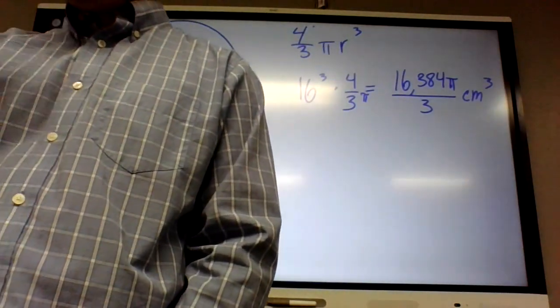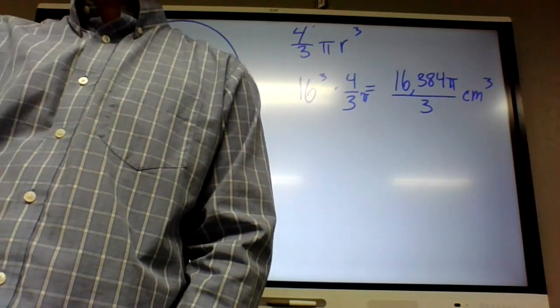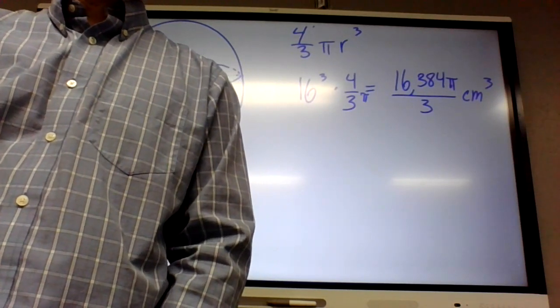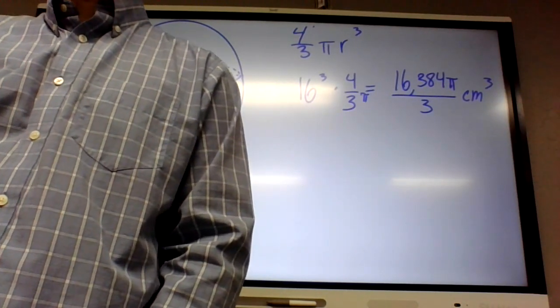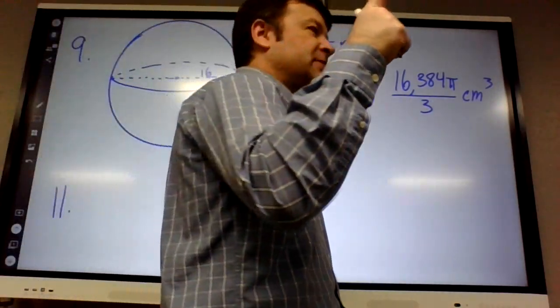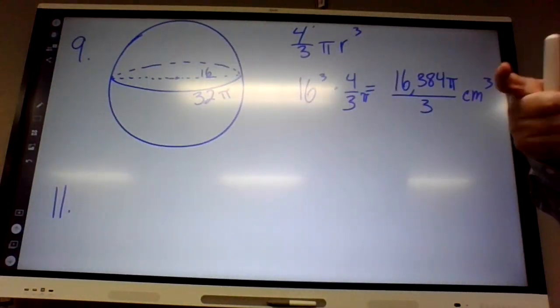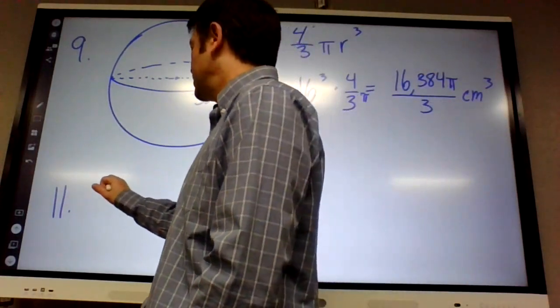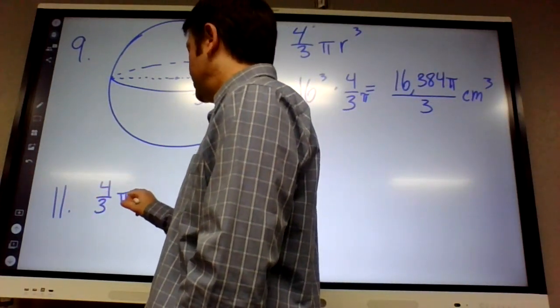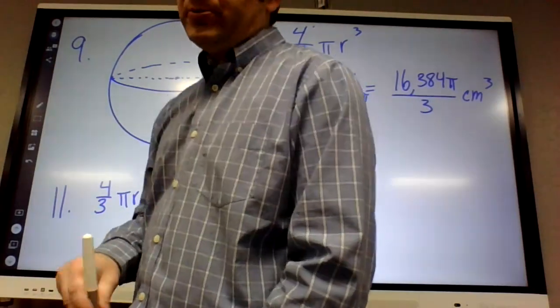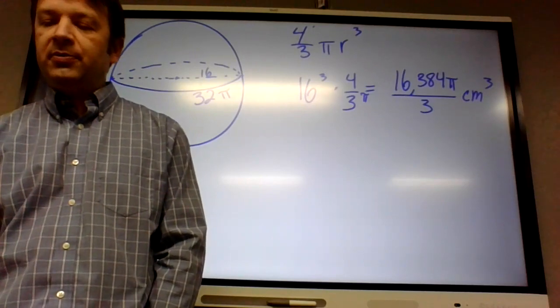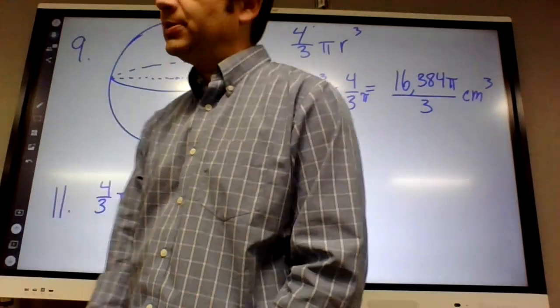Number 11: how many cubic feet of gas are needed to... So when it asks for a cubic foot, it's asking for what? How many cubic feet fill something? That would be a volume question. If it's asking how many square feet cover something, that would be an area question. So we're still doing volumes, still using 4/3 pi r cubed. How many cubic feet of gas are needed to fill a spherical weather balloon with a radius of 15 feet?